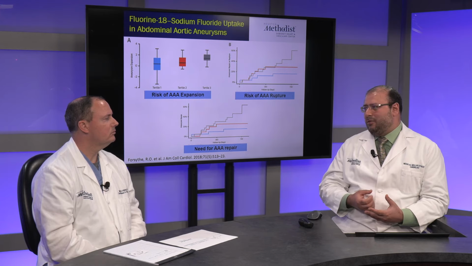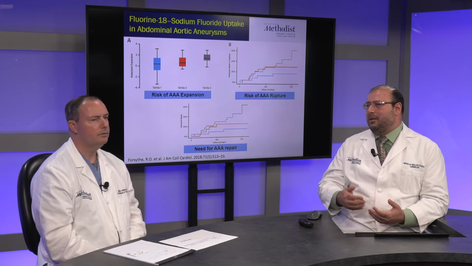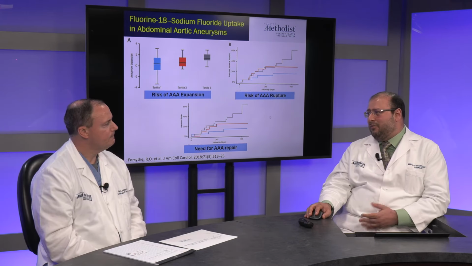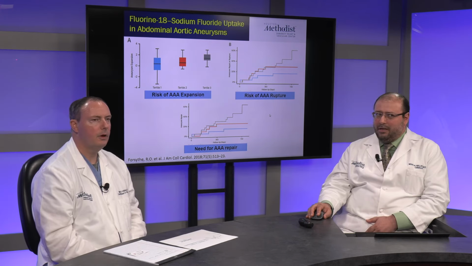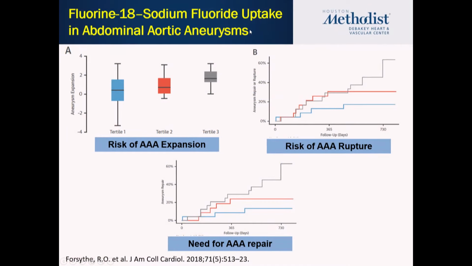If the PET CT shows uptake, then this patient need not be managed and surveyed every year or 2 years like the guidelines say. Maybe we should survey them earlier, because these patients are at a higher risk of expansion, rupture, and need for repair. Gotcha. So at least promising data with this tracer, which is very well available and ubiquitous.